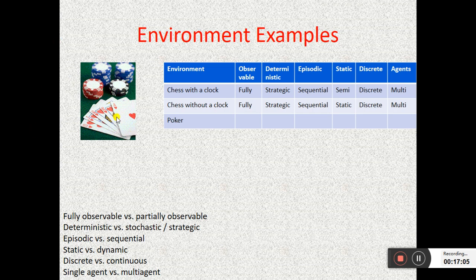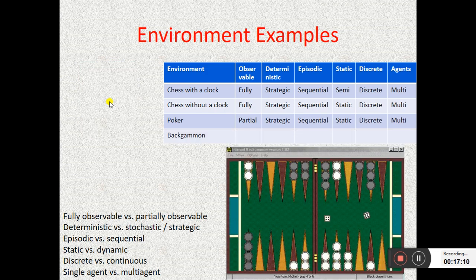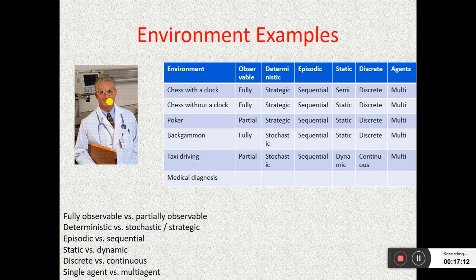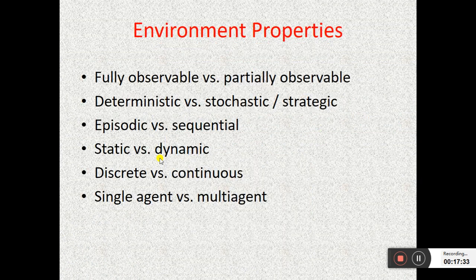This environment is also fully observable as the game has different kinds of rules. Here, this is medical diagnosis. In medical diagnosis, you cannot diagnose the patient straight away, but you have observance, but it would be partially observable. So this is the difference between fully observable versus partially observable.